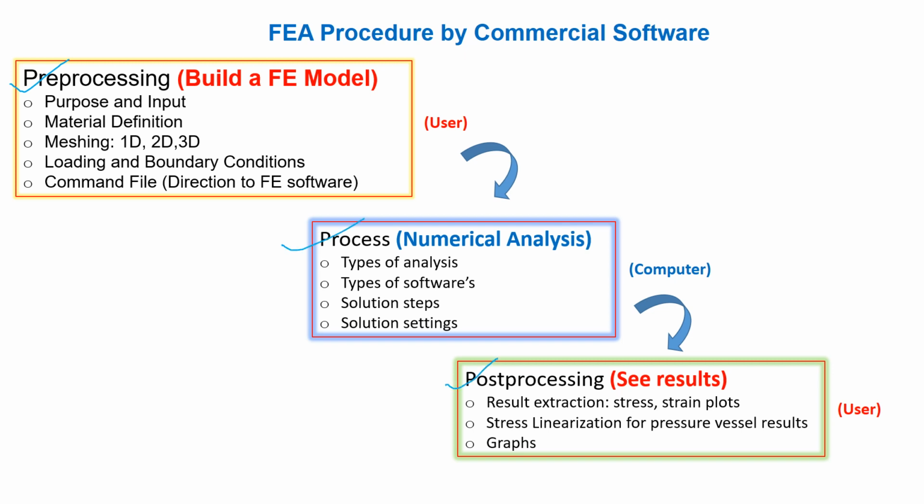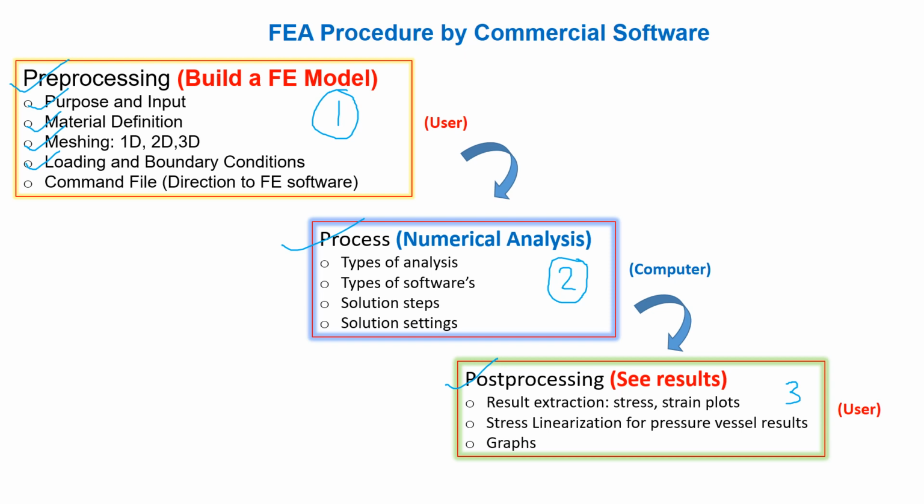Among these three, the user has to complete 1 and 3, and the computer does 2, the process. In pre-processing, the purpose and input, material definition, meshing, loading and boundary conditions need to be employed, and a command file is formed. The computer will do the numerical analysis and we can get different parameters: stress, strain, graphs, displacement, all those.